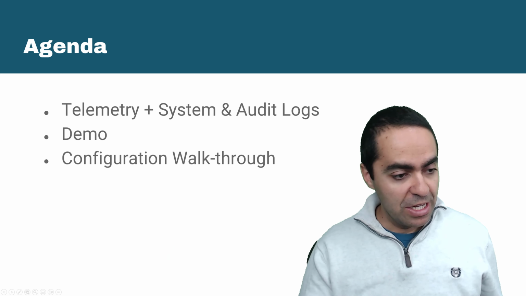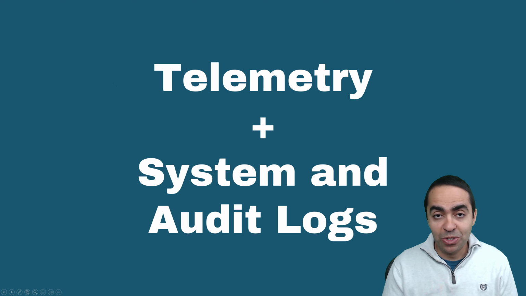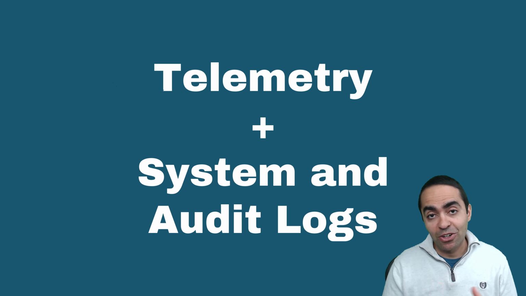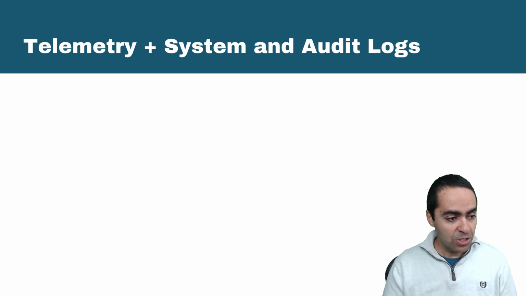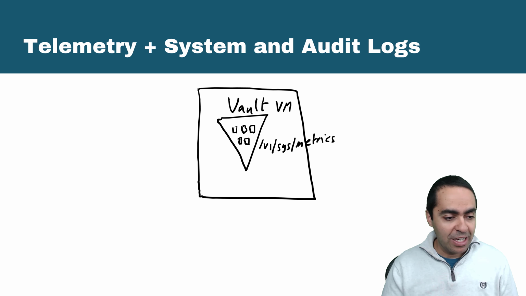All right, so let's get started and talk a little bit about what to monitor when you're monitoring Vault. And namely, we're going to look at the metrics and also the logs. So you'd have Vault running typically in a VM or a number of VMs if you have a cluster. You could, of course, have it running in Kubernetes as well.